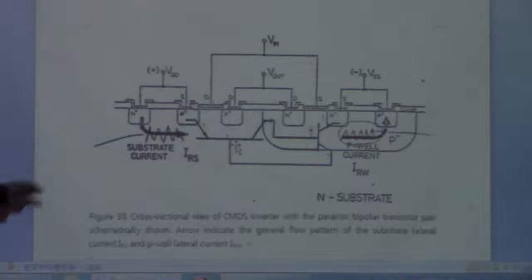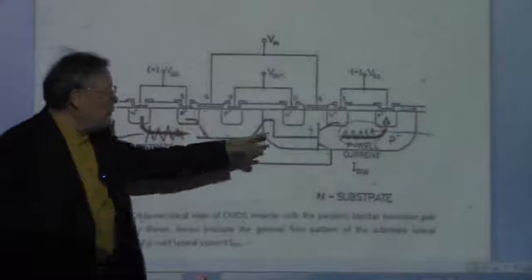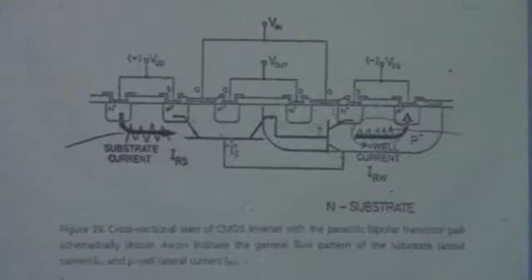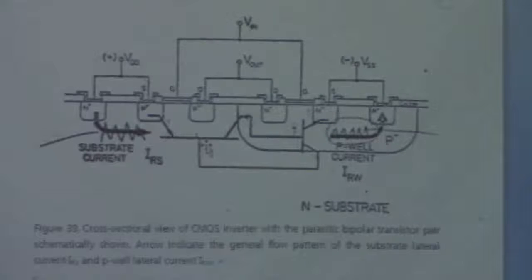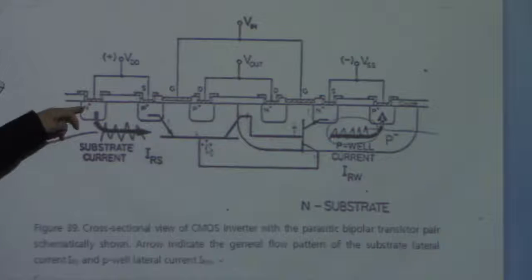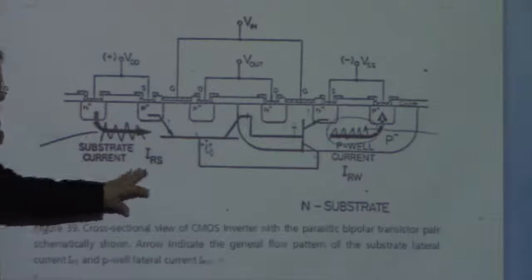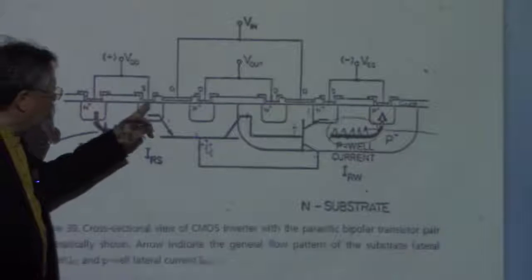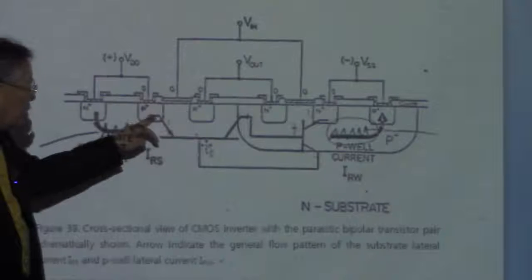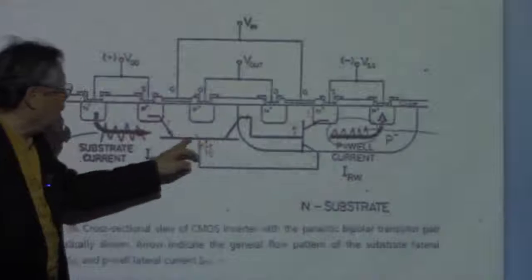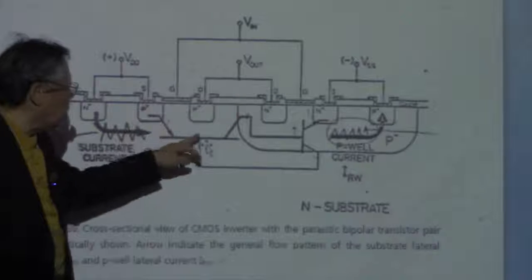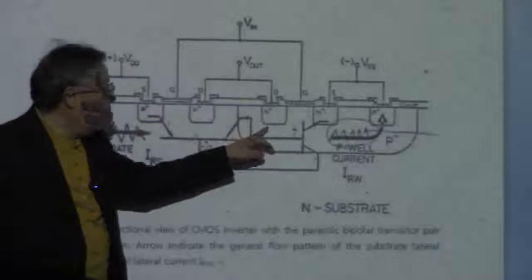Well, if you have an NMOS and PMOS on the same substrate, like this, then we are going to see the parasitic circuit, which is the electrons may travel from this P plus, that is the PMOS source actually, and then the N substrate, and then here is the P well, so N plus, P plus, and N substrate, and the P well.